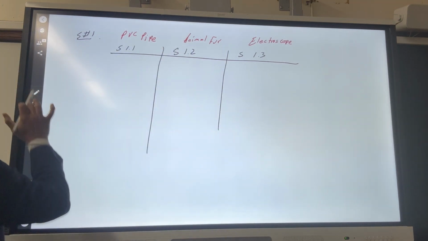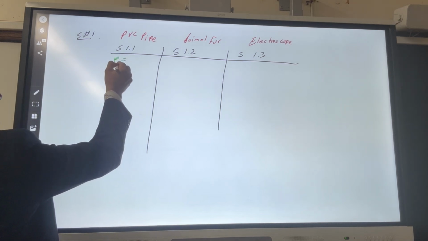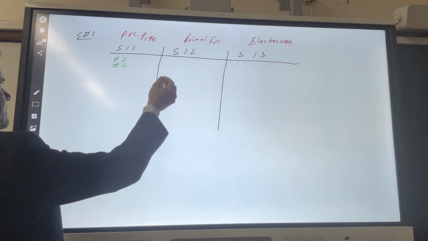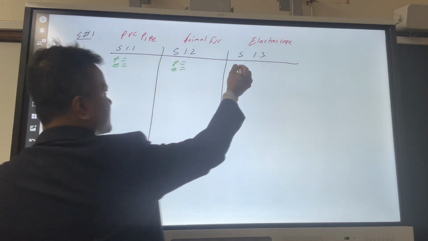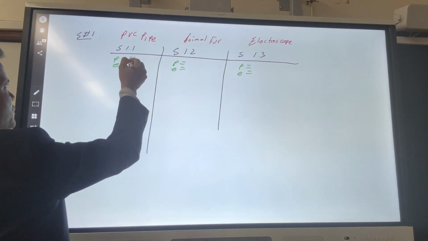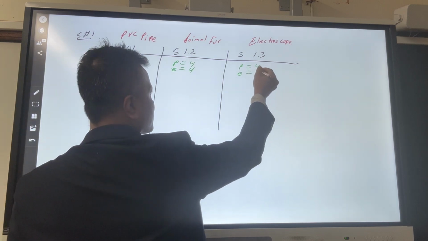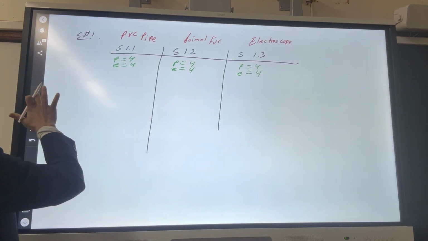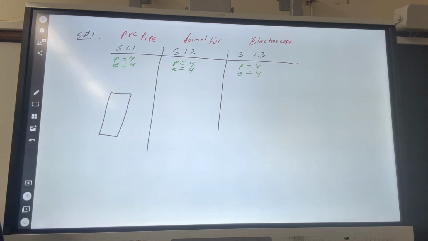Scenario 1.1, PVC pipe, proton and electron. Number of proton, number of electron are the same here and same here. So 4 proton, 4 electron, 4 proton, 4 electron, 4 proton, 4 electron. Let's draw a PVC pipe. Let's draw animal fur.